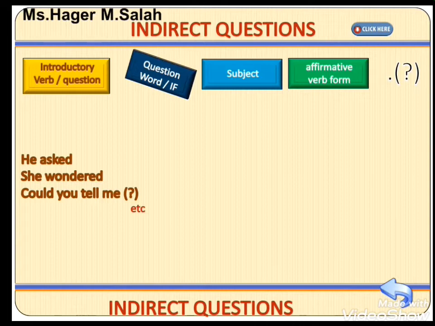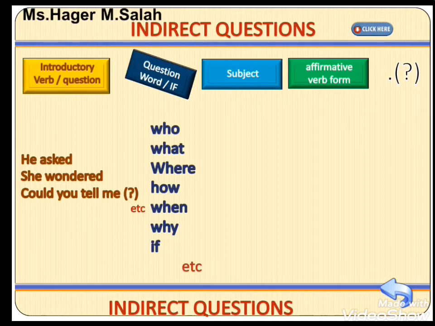We start our question with he asked, she wondered, or could you tell me? If you use he asked or she wondered or she asked, whatever, we will add a full stop at the end because it's now a sentence, not a direct question. But if you use could you tell me, you will add a question mark at the end.